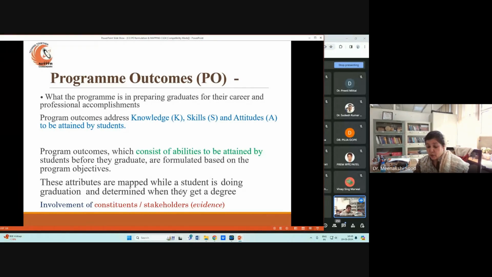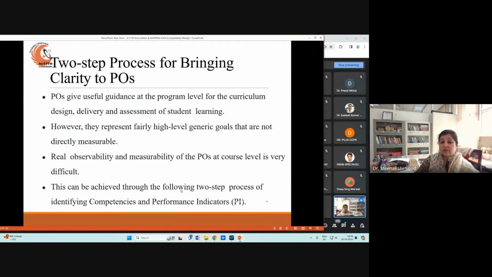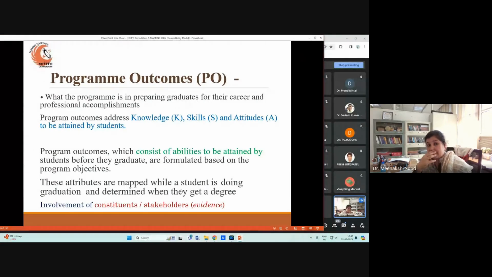So the program outcomes are framed by the Washington Accord, or I can say they are the attributes depicted by the graduates. They were known as graduate attributes earlier, but because India has become a member of the Washington Accord, the program outcomes are now fixed. For technical education, program outcomes are fixed, but for non-technical fields like arts, humanities, psychology, mathematics, the program outcomes are not fixed.